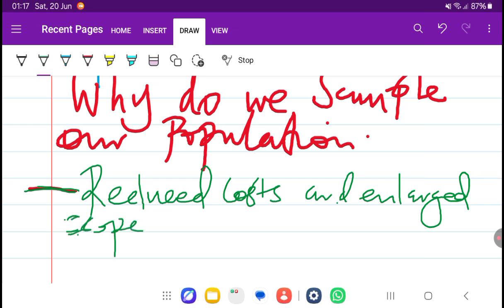Reduced costs and enlarged scope. Now, I want to understand that sampling involves collection of data on a small number, or basically using a smaller number of units in comparison to the complete enumeration.